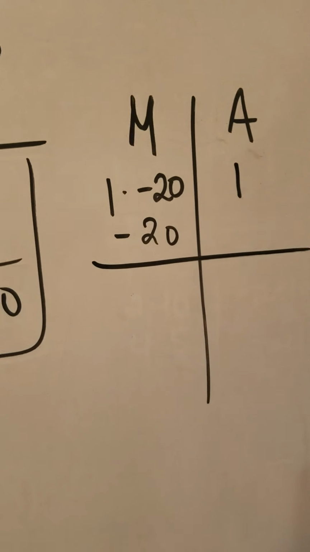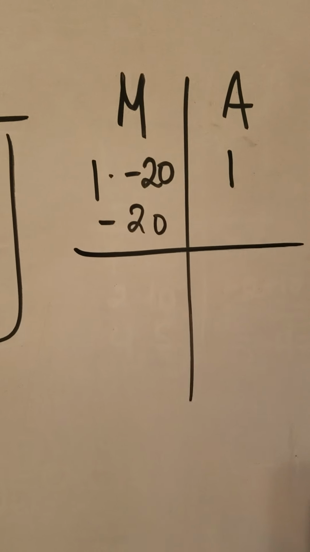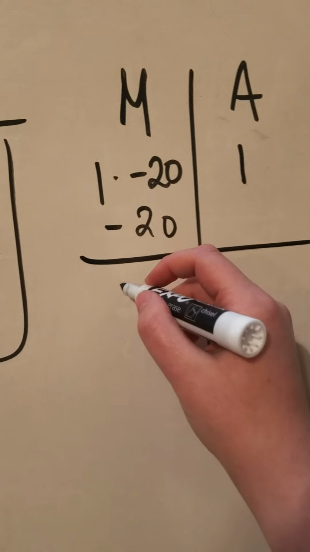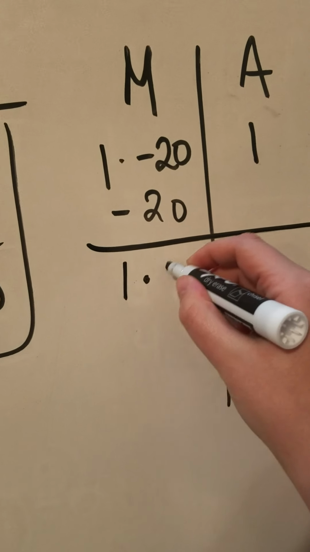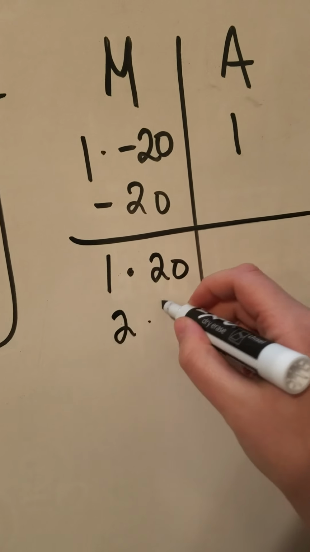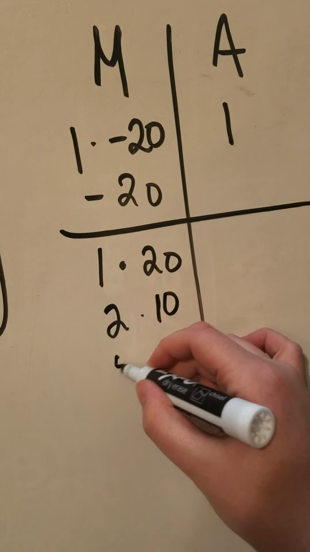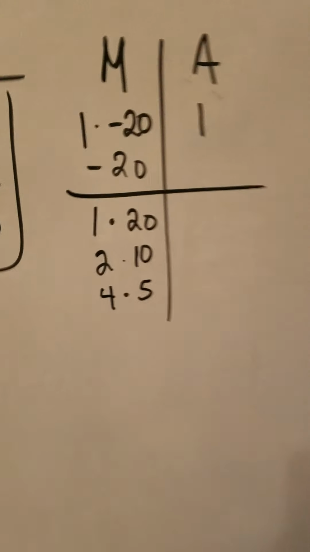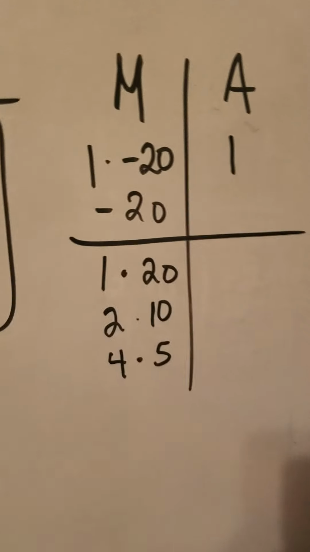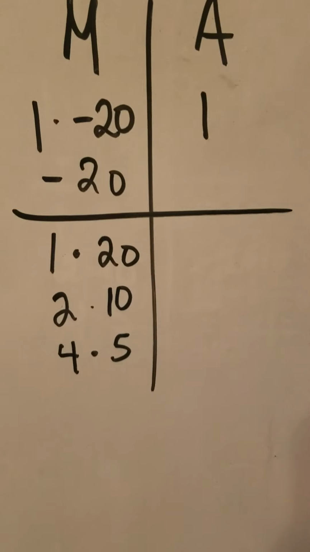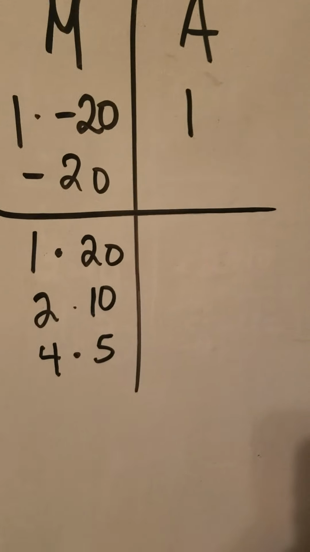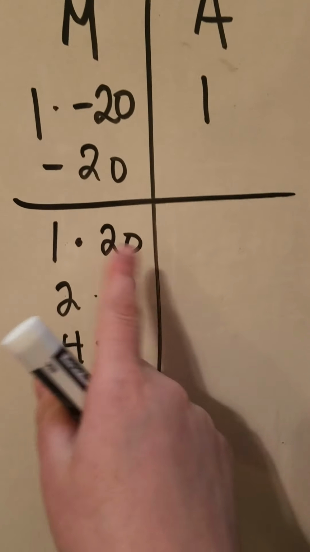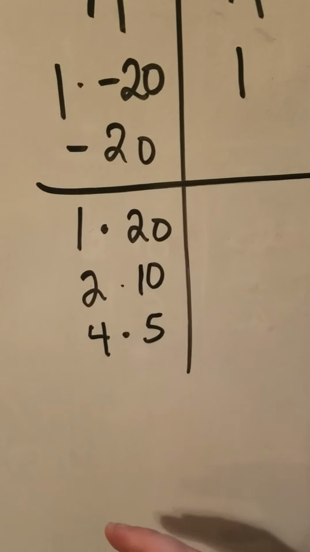Now I need to come up with all my factors of negative 20 that add up to 1. Those factors would be 1 times 20, 2 times 10, and 4 times 5. Now all those numbers multiply to give me a positive 20, but I need a negative 20. Again, they need to add up to give me a positive 1. So that means one of the numbers in each pair must be a negative.